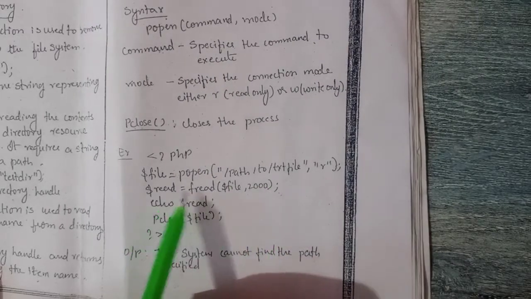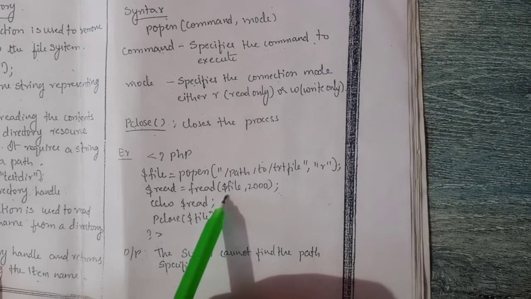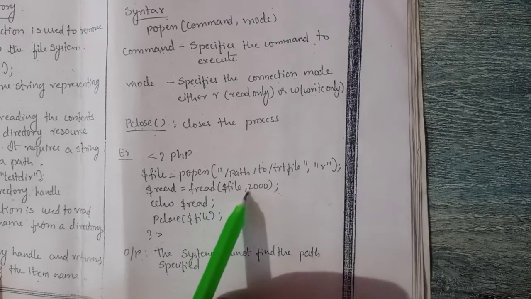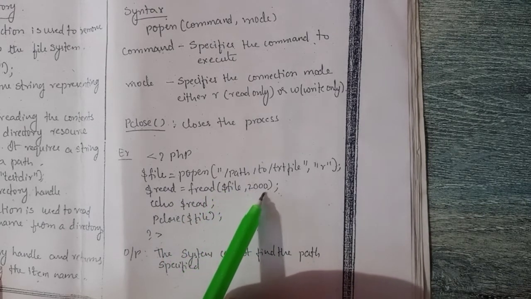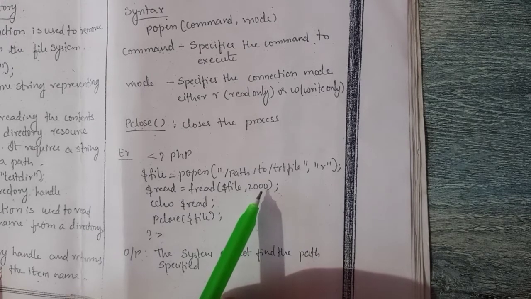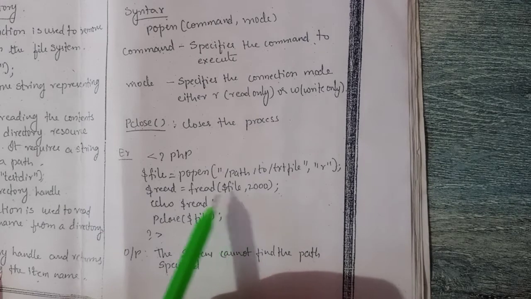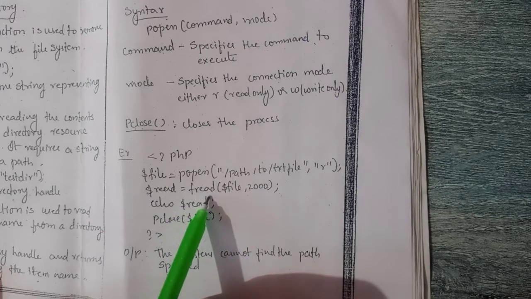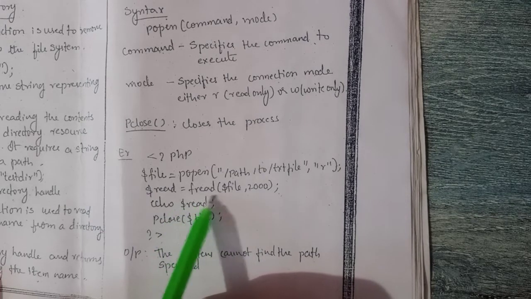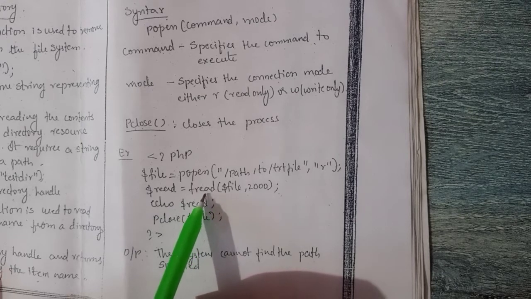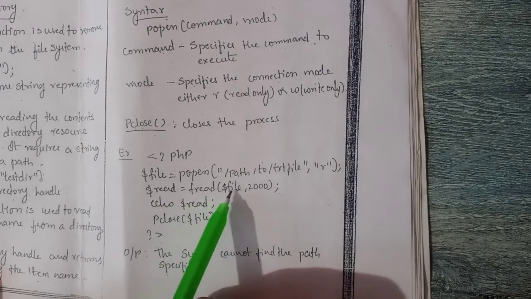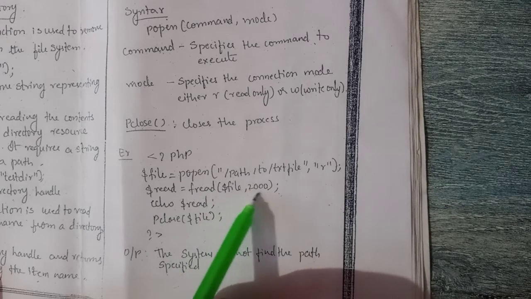Then after that we are reading the file with the file name, and 2000 is the number of bytes up to which we want to read this file, specified in fread. Fread is a function we have discussed in working with files, and by using fread we can read this file up to 2000 bytes.